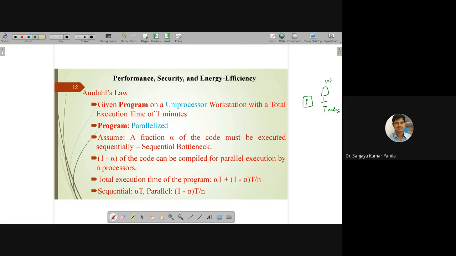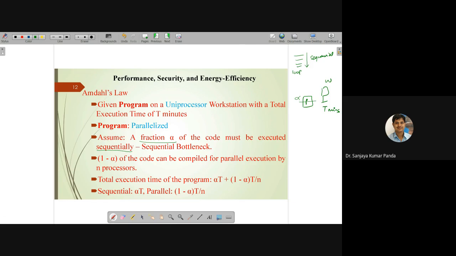So let us assume that a fraction alpha of whatever program you have written, a part of the code, must be executed sequentially, right? So you cannot run it in parallel. Like you have written some code, up to this, it is sequential. Then after that, you have written, let's say, some kind of loop, where you want to do multiple works and they are not dependent on each other.